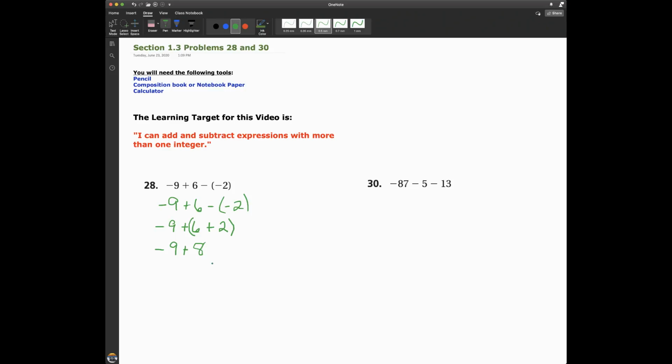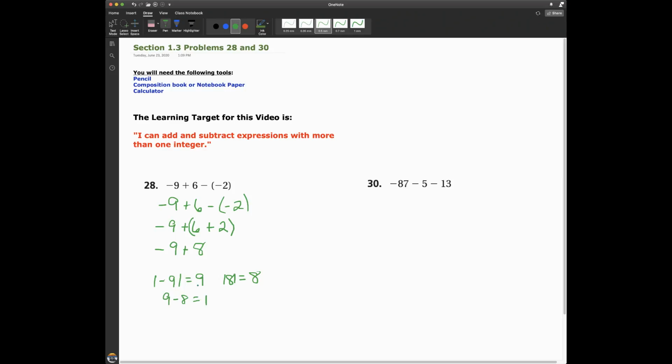Now, these two integers have different signs. So different signs subtract. Let me subtract the absolute values. The absolute value of -9 is 9. The absolute value of 8 is 8. So 9 minus 8 equals 1.